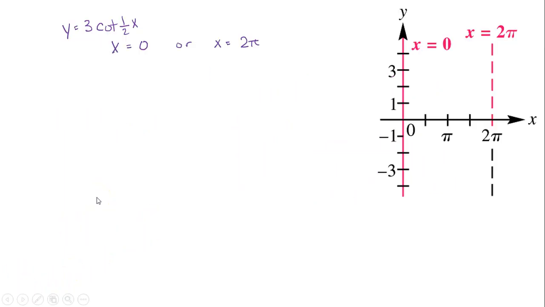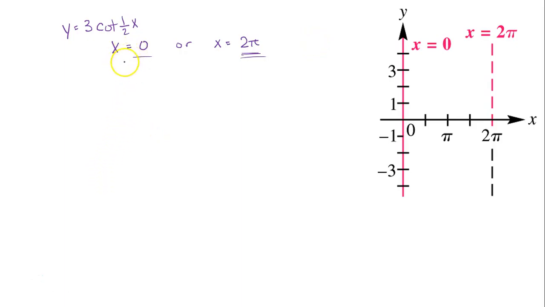All right, I've gone to a new page where I have already plotted on my graph here the vertical asymptotes. And now we have to split this interval up into 4 equal parts. So splitting this interval up from 0 to 2 pi into 4 equal parts. Well, if we start at 0 and then go to some other number, remember this is how we did sine and cosine graphs.